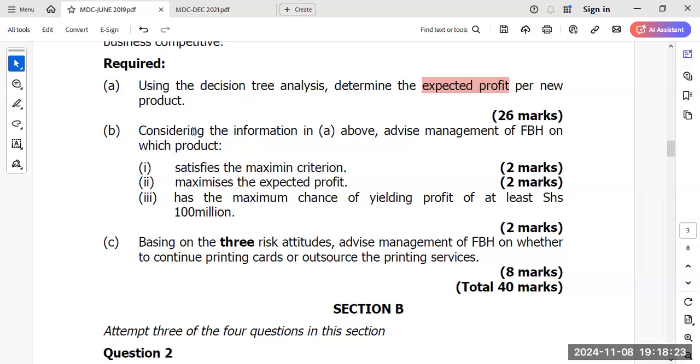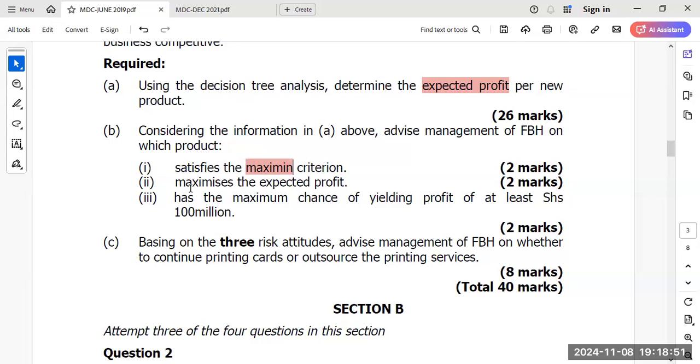Okay. Then part B, considering the information in A above. So if you have not answered A, you cannot answer part B. Considering the information in A above, advise management of FBH on which product, Roman 1, satisfies the max mean criterion.